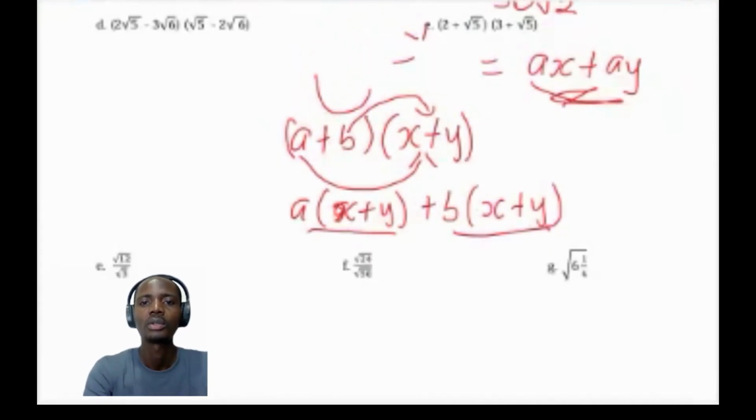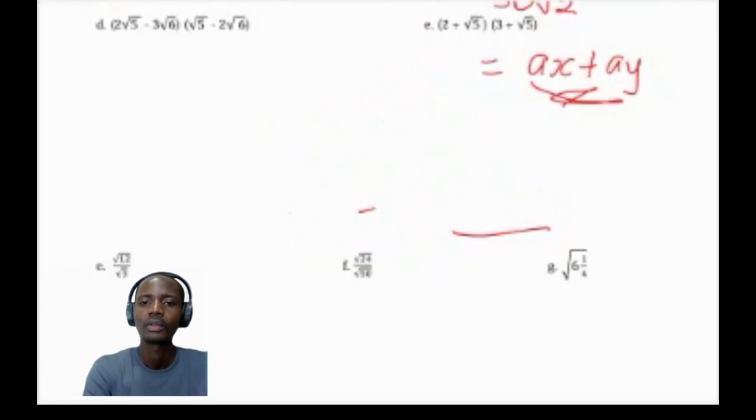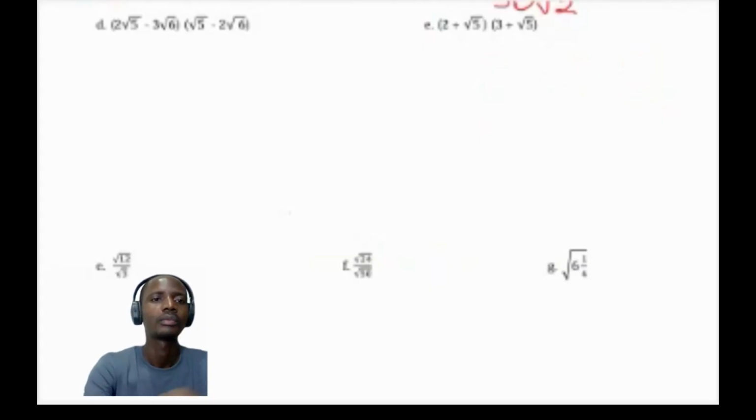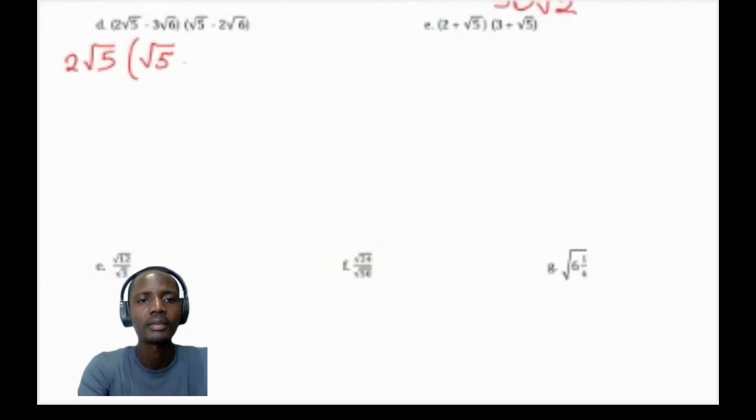Okay, so let's see what we have. So 2 root 5, let's bring it out. So we can say 2 root 5 multiplying root 5 minus 2 root 6.